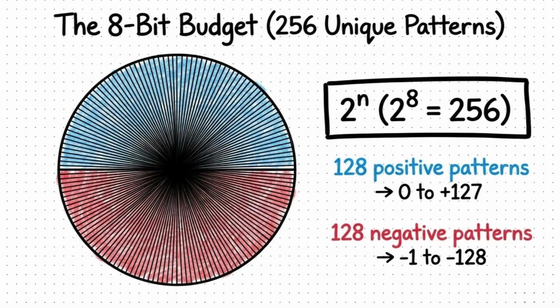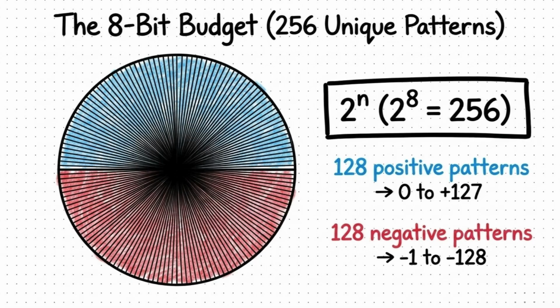Similarly, we will look at the 8-bit number system. Here, our budget grows to 2 raised to power 8 or 256 unique patterns. Now, if we divide it by 2, we have 128 patterns which start with 0 and 128 patterns which would start with 1.